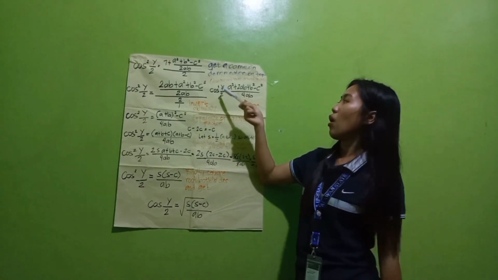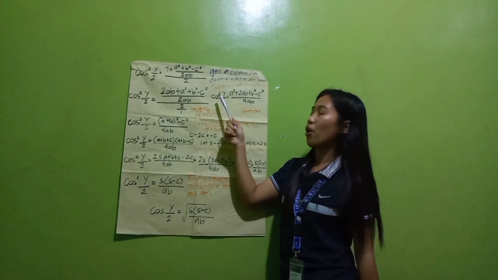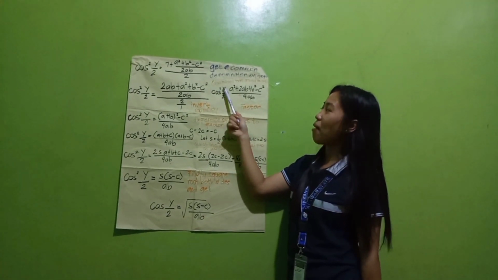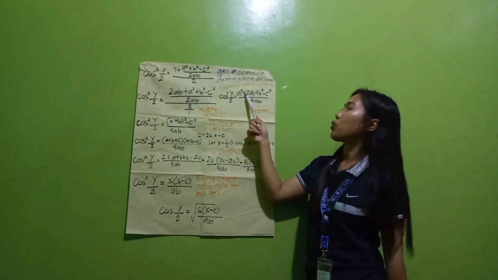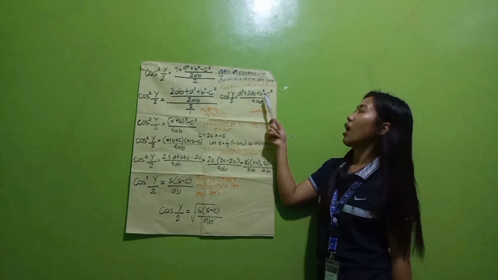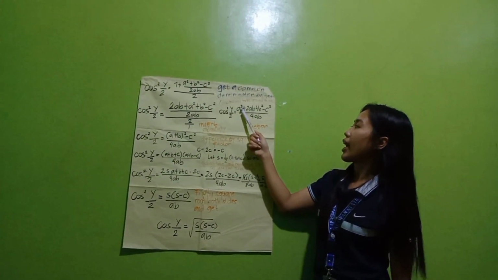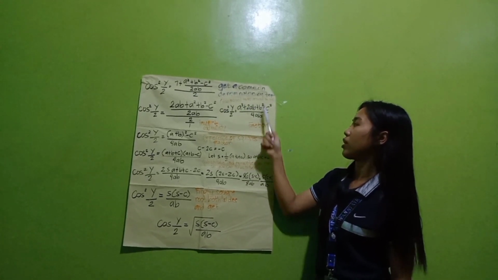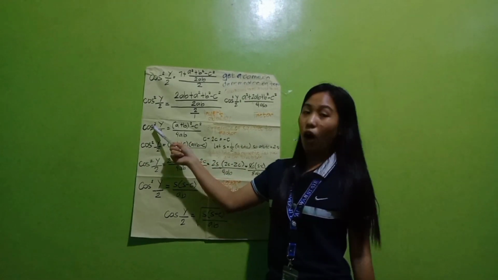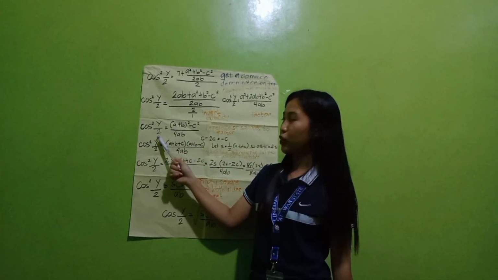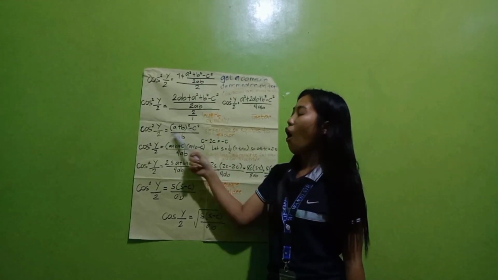We also move terms around on top, so we have cosine squared gamma over 2 is equal to (a squared plus 2ab plus b squared minus c squared) over 4ab. Here a squared plus 2ab plus b squared is a perfect square that factors, so cosine squared gamma over 2 is equal to ((a plus b) squared minus c squared) over 4ab.